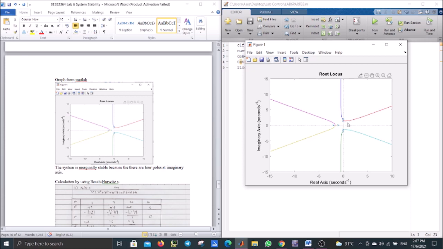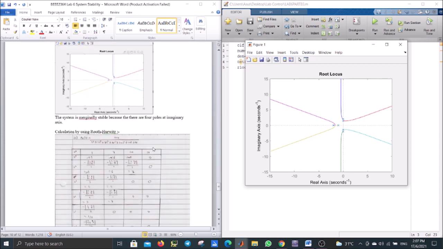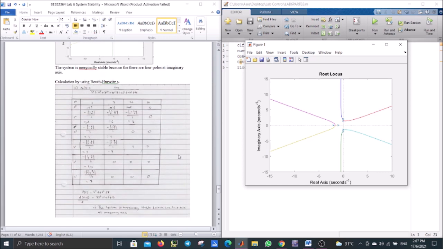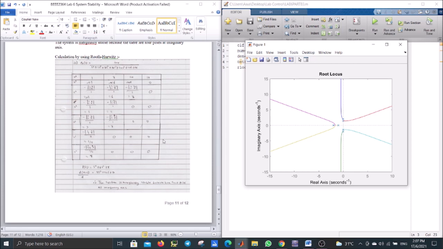So it shows that the system is marginally stable because there are four poles on the imaginary axis. So that concludes that B3 is stable rather than unstable like before. Okay, so this is the calculation.